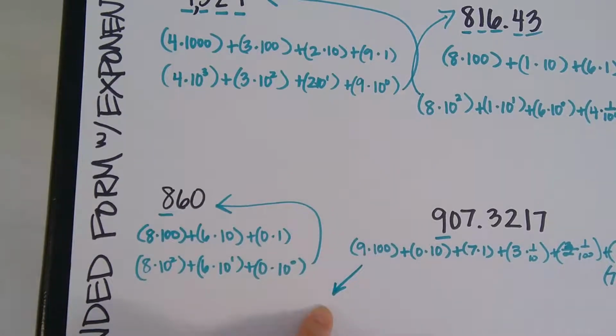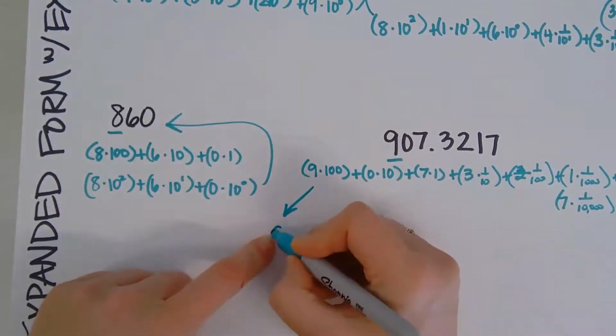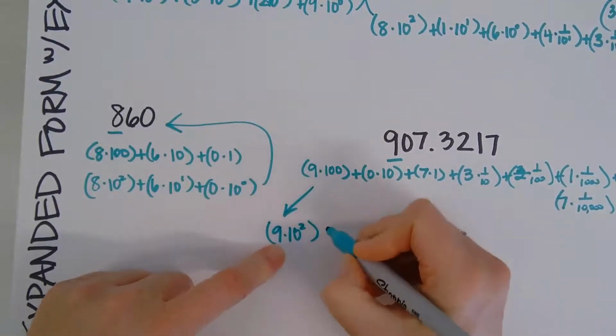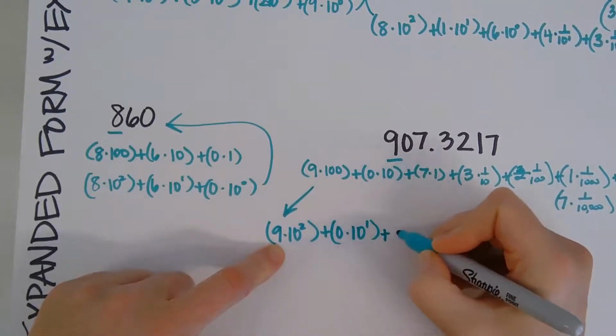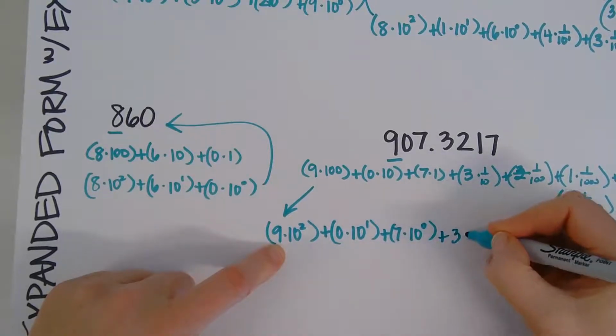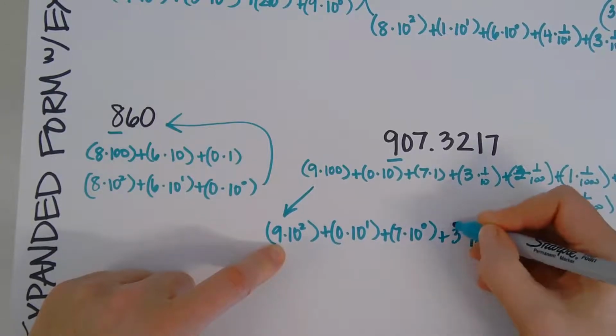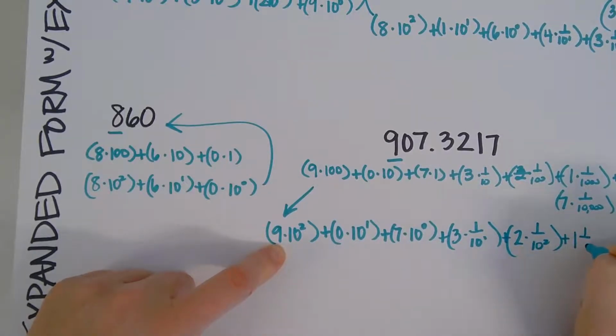I'm going to start over here a little bit. We're going to write it in expanded form with exponents. So 9 times 10 squared plus 0 times 10 to the first plus 7 times 10 to the 0 plus 3 times 1 over 10 to the first plus 2 times 1 over 10 squared plus 1 times 1 over 10 cubed plus 7 times 1 over 10 to the fourth.